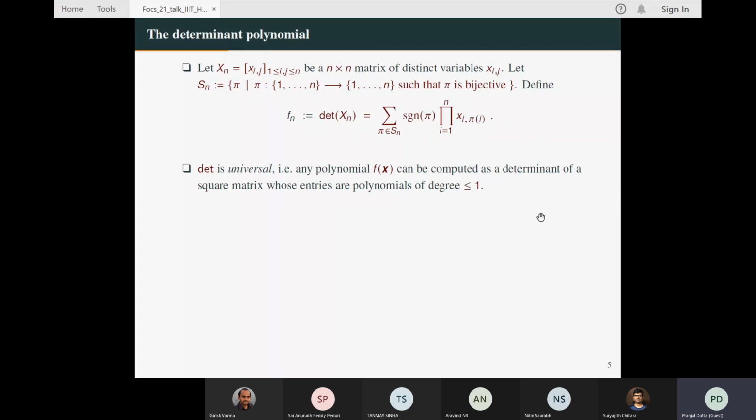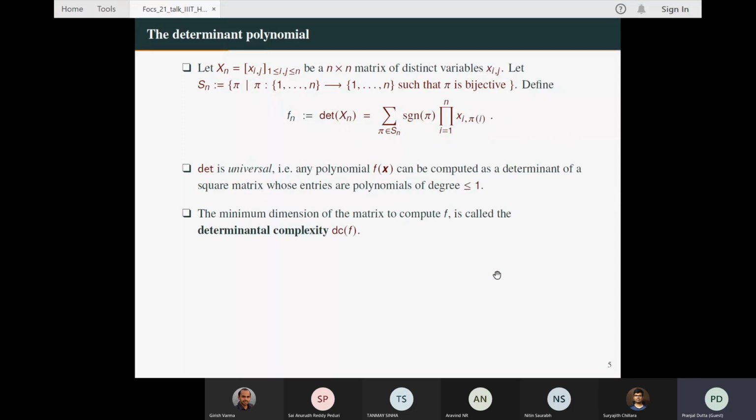I claim that there are linear polynomials, linear meaning degree less than or equal to 1, and there is some n cross n determinant, n may depend on f and can be exponential as well, such that in each entry you put linear polynomials, and the determinant of that matrix will be exactly f. So that's why we call the determinant universal. This property is not very trivial to prove, but you can prove it.